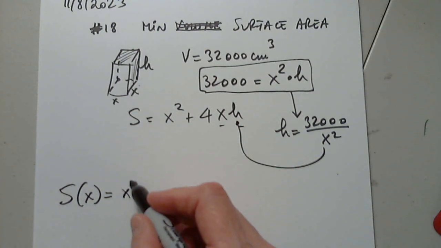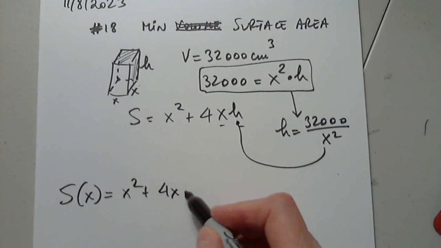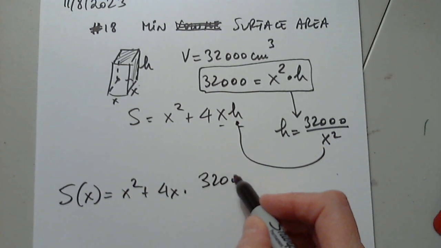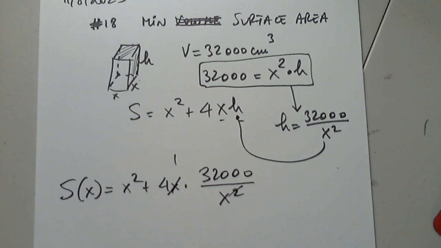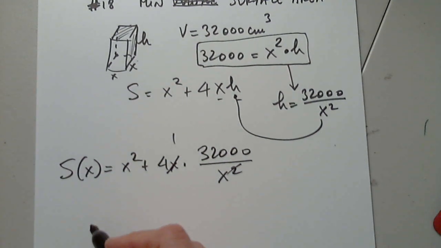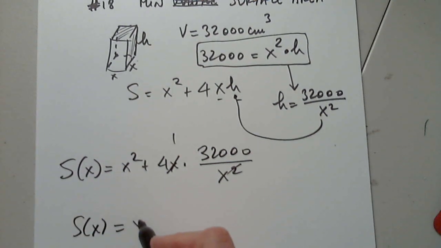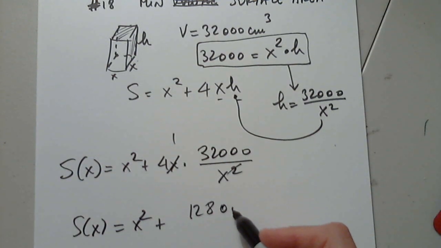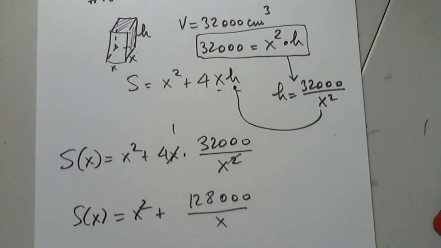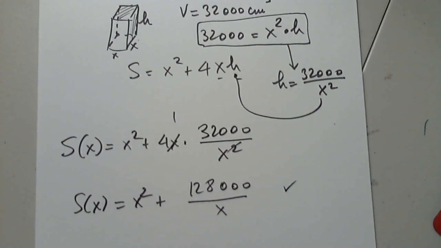So I have x squared plus 4x multiplied by 32,000 over x squared. I will gladly simplify one x. So then S of x is x squared plus 128,000 over x. So this is our function.